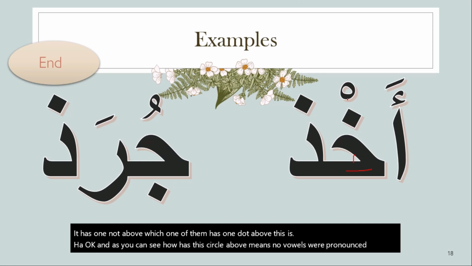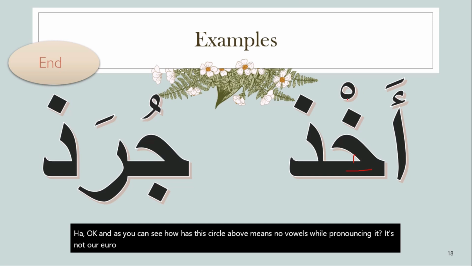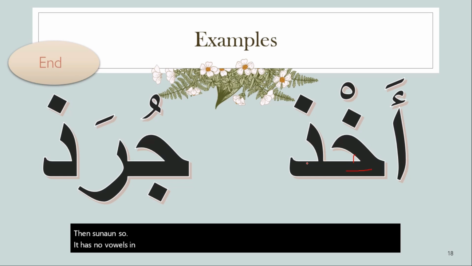It's not a or e or u, just the letter kha. And in the end, we have our letter dhal. It's a noun, so it has no vowels in the end. Let's give it a try. أخذ.